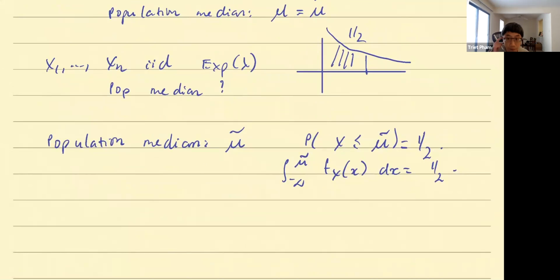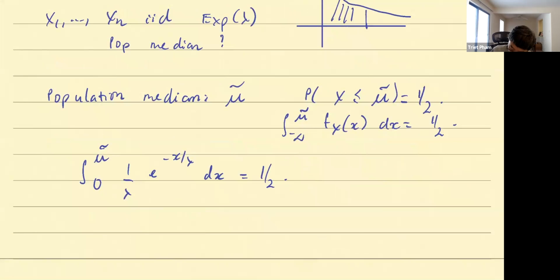So how would you do this kind of question for the exponential with parameter lambda? Taking a clue from here, you would set the integral from minus infinity to mu tilde of 1 over lambda e to the minus x over lambda dx to be a half. Here you don't have to go to minus infinity, just from 0.